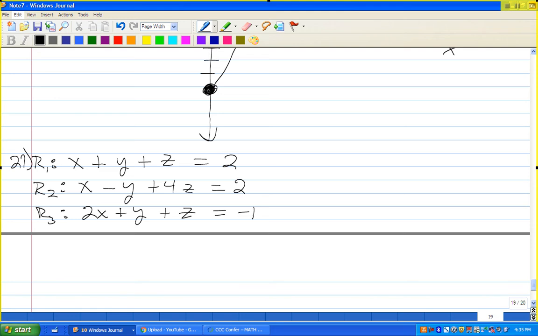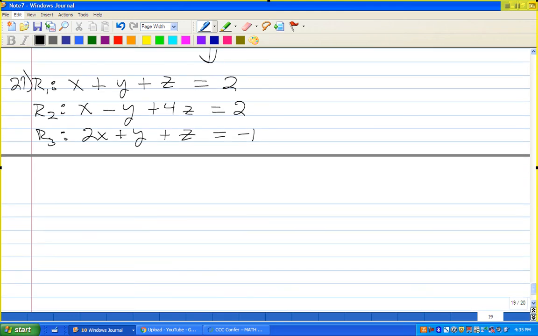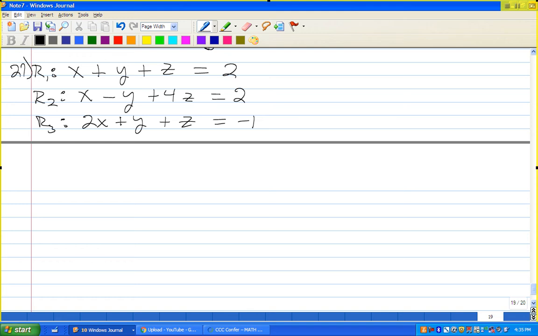Okay, so let me eliminate y. Let us use the first, second, and third equations to find two equations where I've eliminated y. So let's just add R1 plus R2.